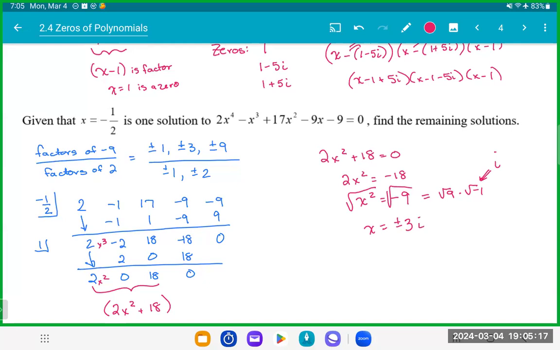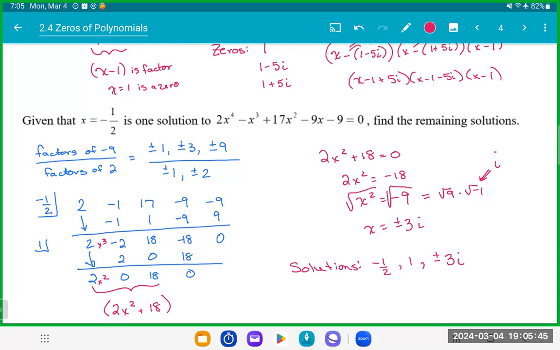Okay. So for this problem, our solutions, or our zeros, are the negative 1/2 that it gave us, positive 1, and plus or minus 3i. Notice that I have 4 solutions and I had an exponent of 4. Okay.